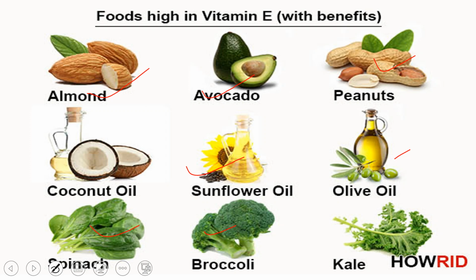We have already seen that vitamin E has antioxidant properties, and selenium plays a very significant role in the antioxidant properties of vitamin E. How are they related? The element selenium is found in the enzyme glutathione peroxidase. You know that glutathione peroxidase is one of the antioxidant systems of our body.